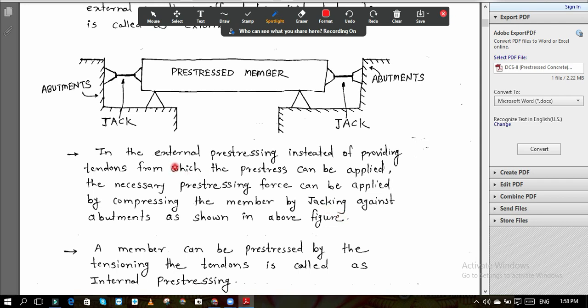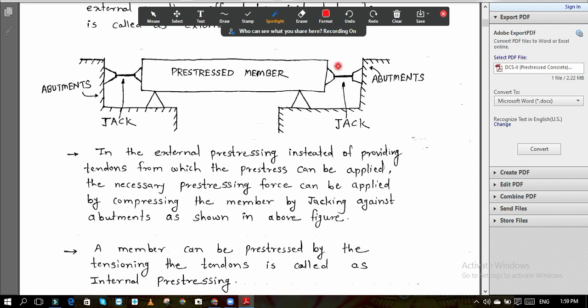Here what they have said is, when you pre-stress it externally, instead of providing the tendons by which the pre-stress can be applied, the pre-stress is directly applied to this concrete member. It is applied with the help of this jack and abutment.